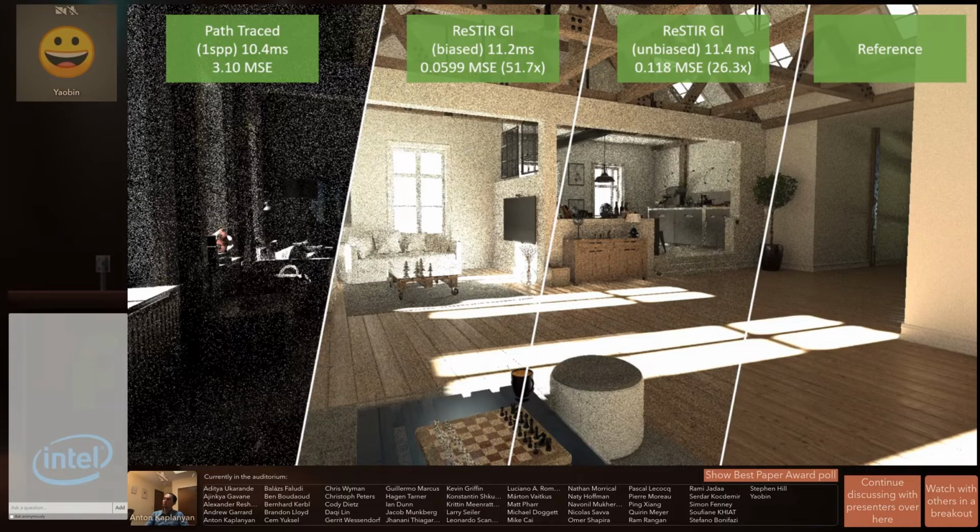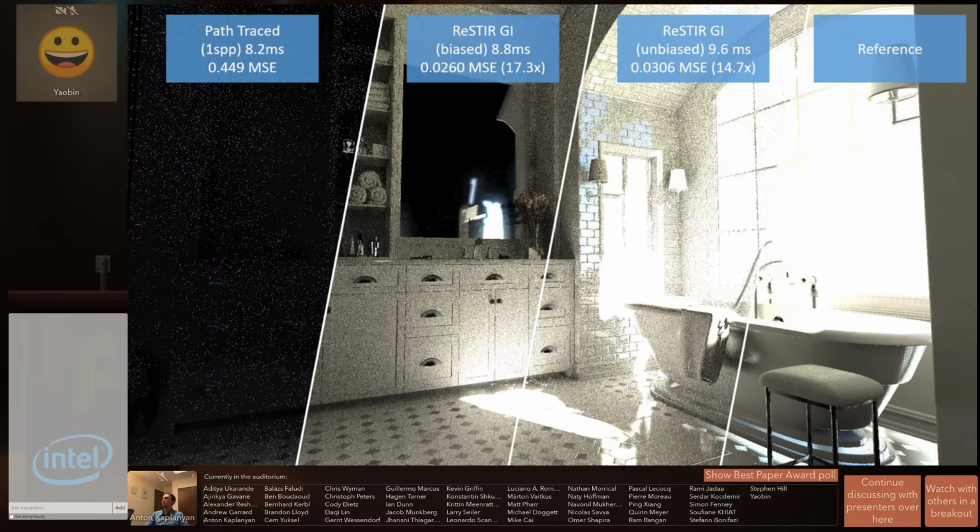In another example, ReSTIR GI exhibits 26 times to 15 times improvement. The unbiased version is noisier than the biased one due to visibility change. In the last example, ReSTIR GI shows 14 times to 17 times improvement.